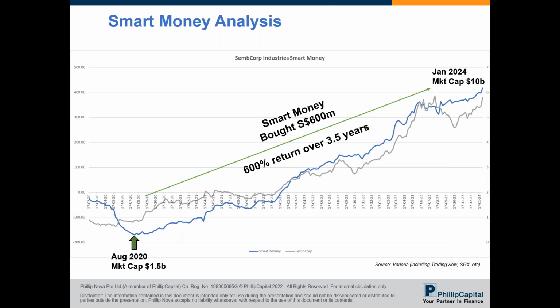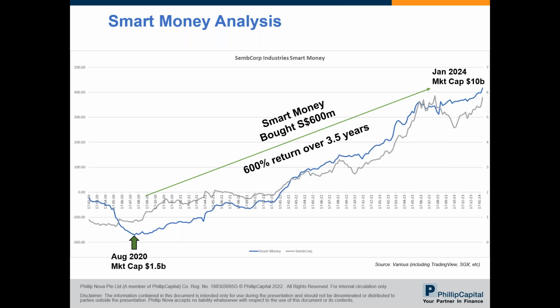What you see here is the chart of Sembcorp Industries. All the smart money charts you are going to see are a very standard chart with two lines, a blue line and a gray line. The gray line is the price of the stock that this chart is studying.